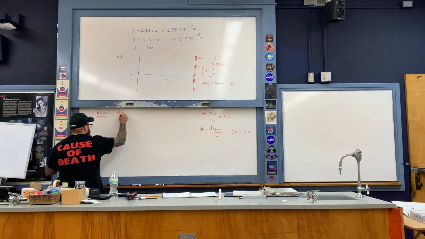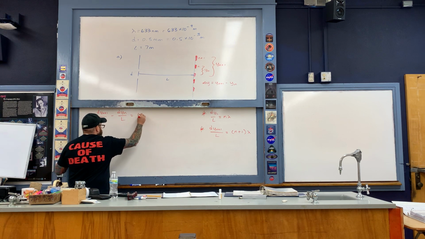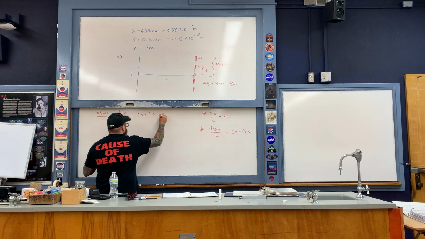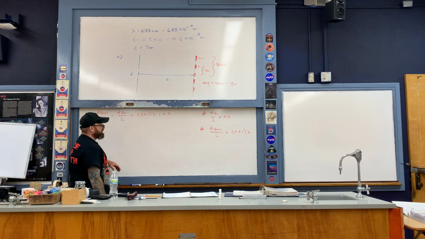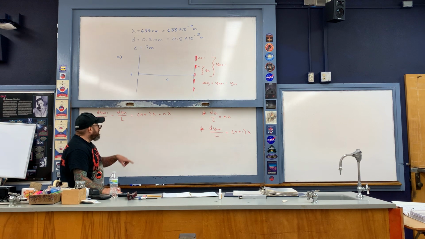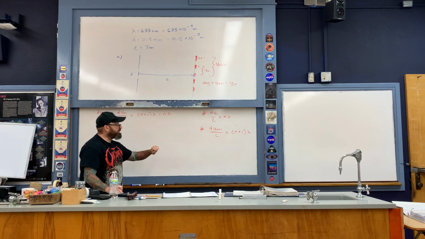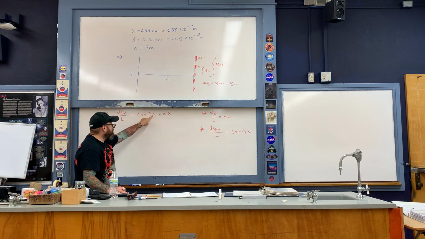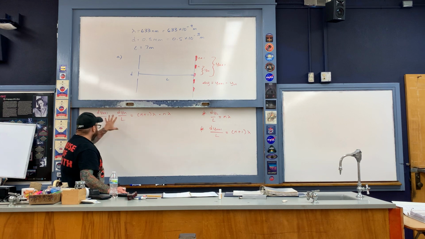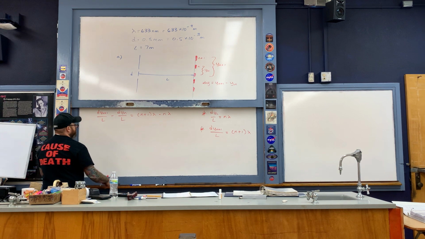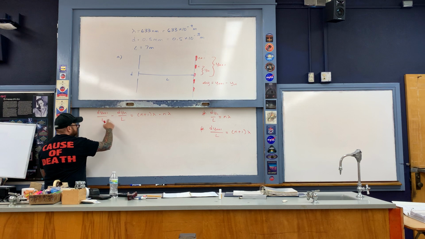All right, so let me take this expression here, subtract from it the other expression, like so, and then watch what begins to happen on the right-hand side of the expression. On the right-hand side, I end up with n lambda minus n lambda, which drops out, and then 1 times lambda is left over. Over here, on the left-hand side of the expression, the d and the L is common to both terms, so I could factor it out.